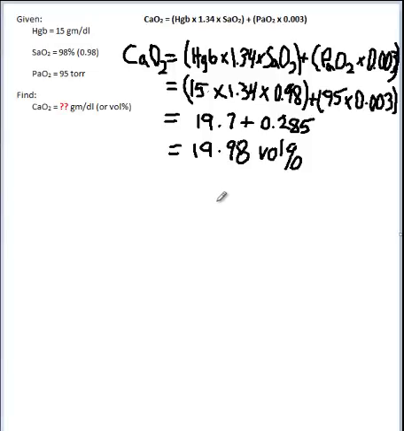The units for this are expressed usually in either grams per deciliter or volumes percent, because grams per deciliter turn out to be a volume, that is the number of grams over 100, and so it's expressed as a percent.